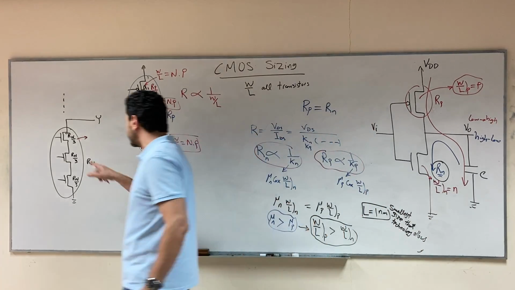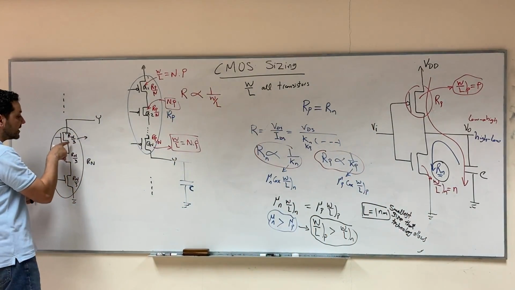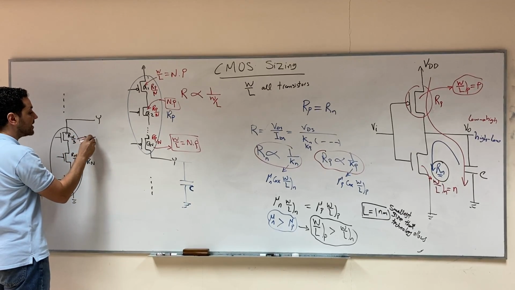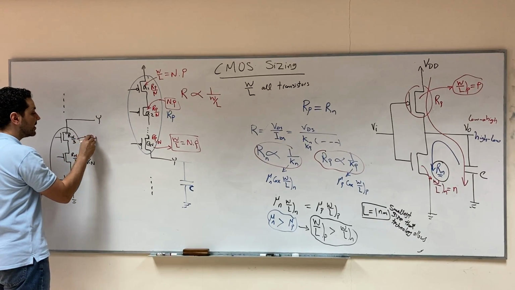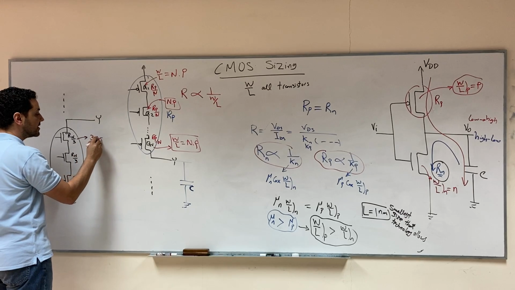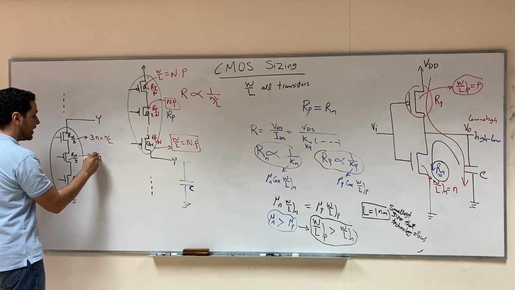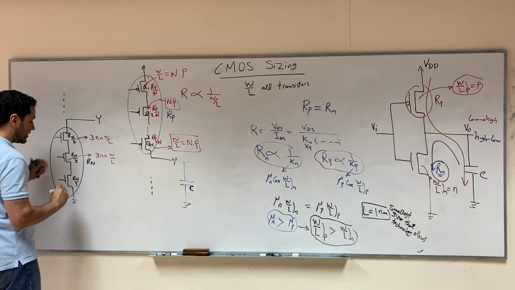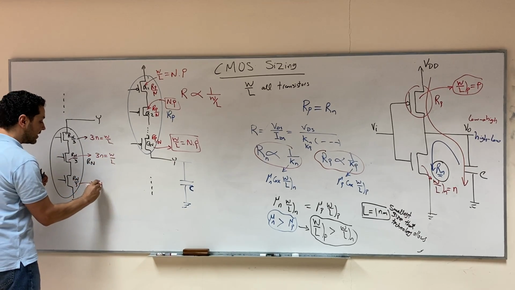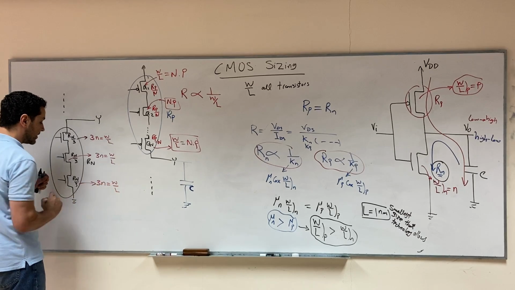So here, since you divided the resistance by 3, you are going to multiply W over L by 3. So 3N, this is W over L of each of these three transistors.